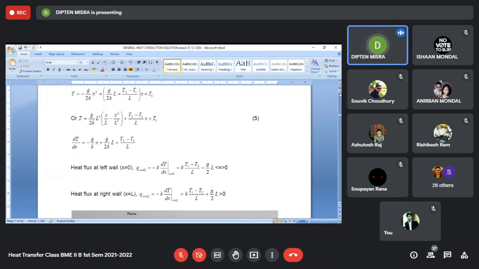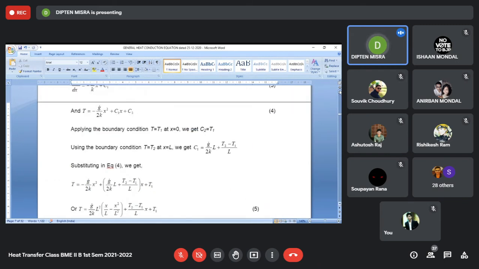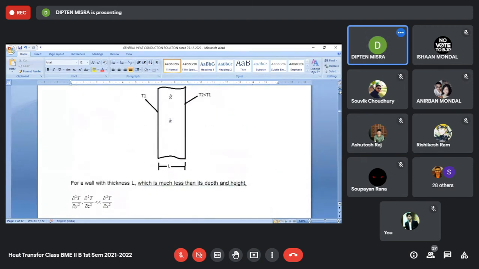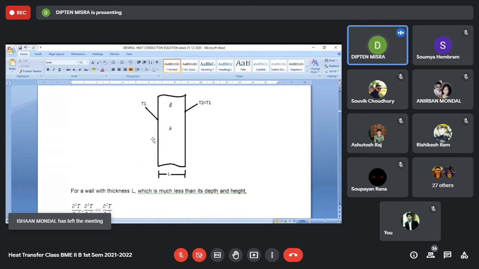So we take this problem, we consider this problem. What is the problem? There is a wall with a certain thickness, and the heat flow is taking place only along x. So we are not concerned about the other two dimensions of the wall, the height and the depth. We are concerned only about the thickness, because the heat flows only along that.